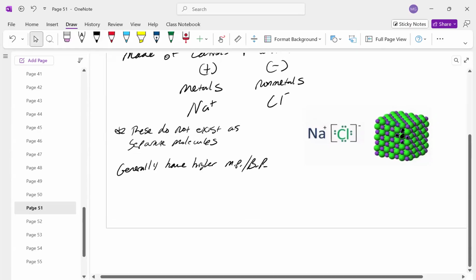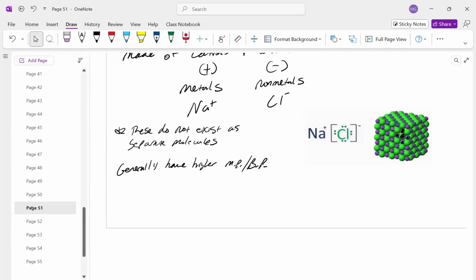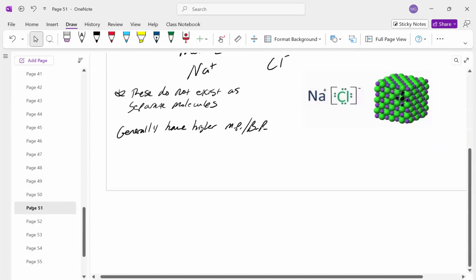But it would be incorrect to say, oh, I have a molecule of sodium chloride. No, you don't, because multiple sodiums are bonded to multiple chlorines. Multiple chlorines are bonded to multiple sodiums. So just remember that distinction.